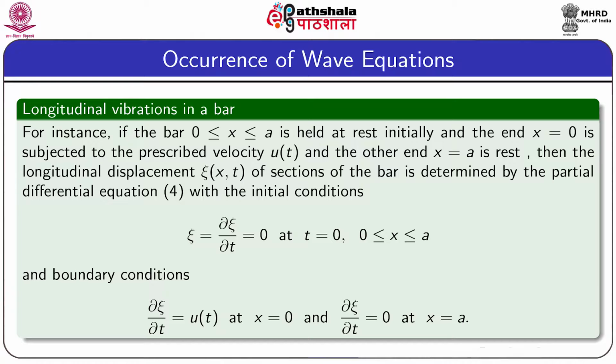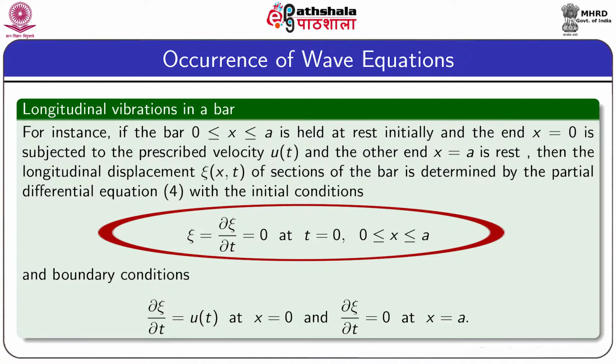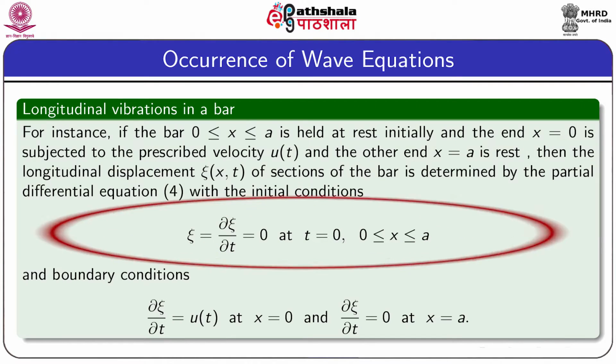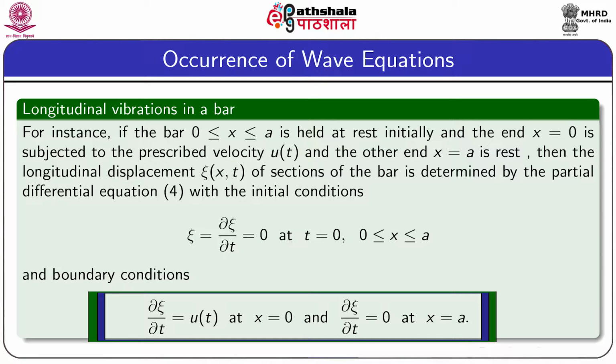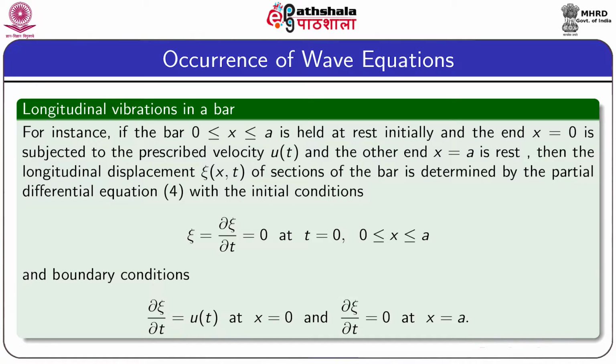together with the initial conditions xi equals 0 and del xi del t equals 0 at t equals 0 and for 0 less than or equal to x less than or equal to a. And we have the boundary conditions del xi del t equals u t at x equals 0 and del xi del t equals 0 at x equals a.